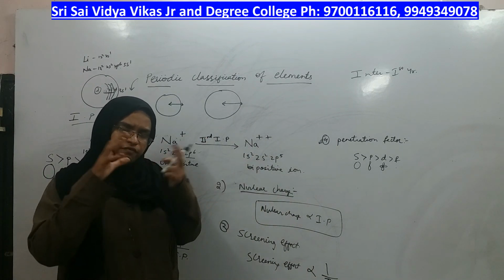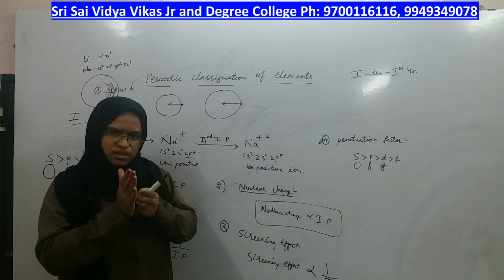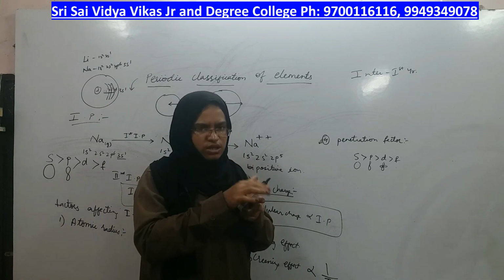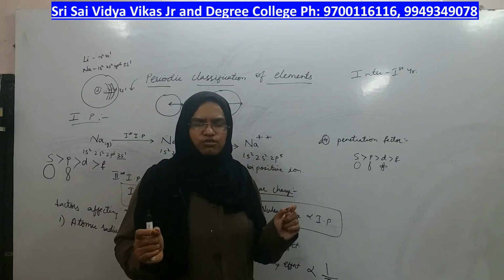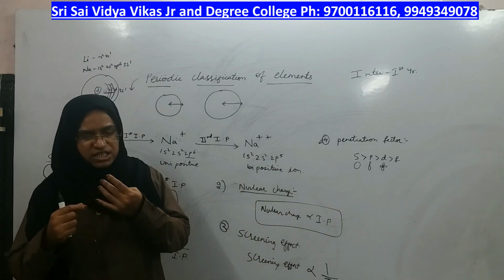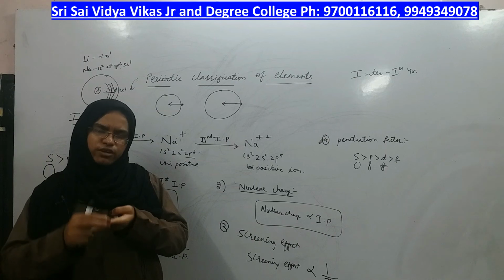That means if the orbital itself is deeply penetrated towards the nucleus, then the electron might also be more attracted towards the nucleus. So whenever you want to remove the electron, you just check whether the valence electron is in s orbital or p orbital or d orbital or f orbital.